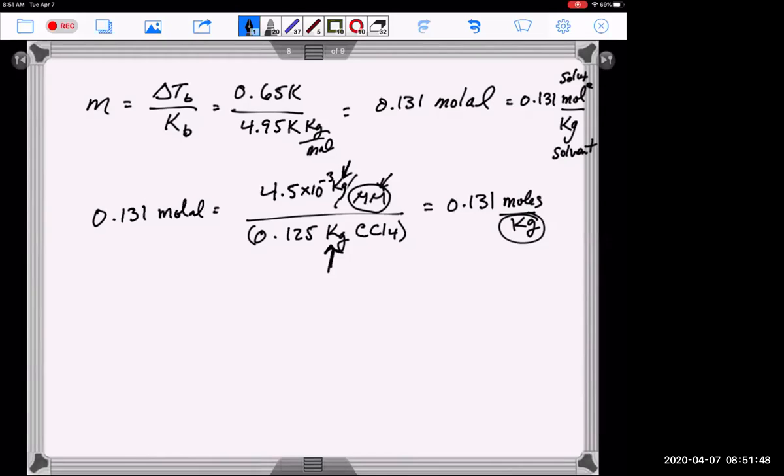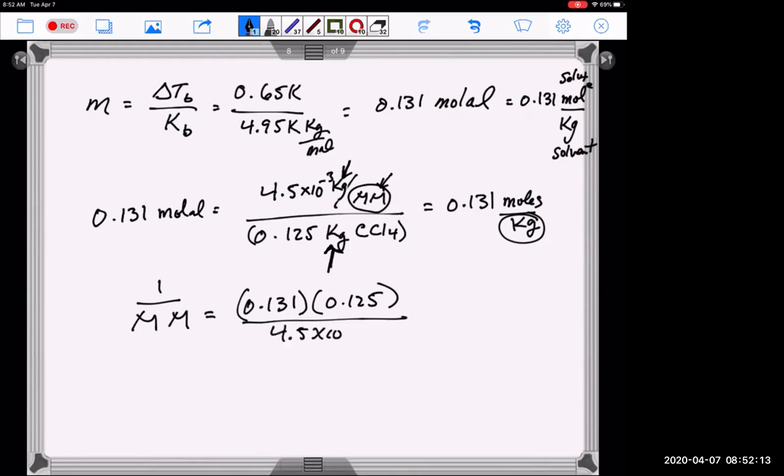So let's do that. So that means that the molar mass is going to be equal to, well, let's keep it as a reciprocal for now. So 0.131 times 0.125, all divided by 4.5 times 10 to the minus 3 kilograms. So molecular mass is going to be the reciprocal of this.